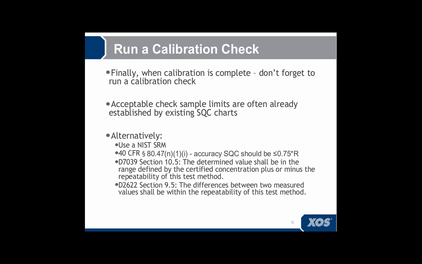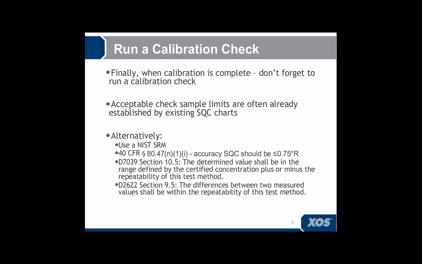Or if you look in the Electronic Code of Federal Regulations, in the section about performance-based measurement testing, they talk about an accuracy SQC, section 40 CFR 80.47, section N, paragraph 1I. Your accuracy check should be less than or equal to 0.75 times the reproducibility of the method.